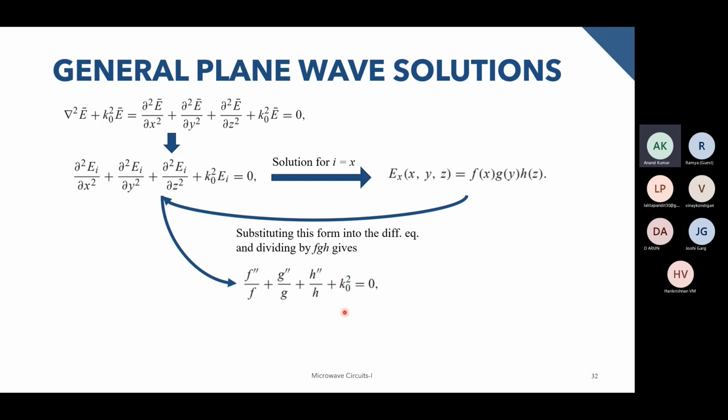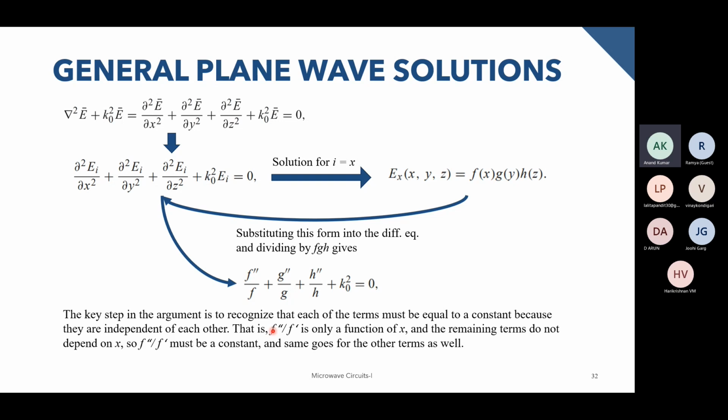So we will end up with an equation which looks something like this. Now the key step to solving this equation is that we know the individual terms are equal to constants, because f is only a function of x, g is only a function of y, and h is only a function of z, and k over here is a constant.